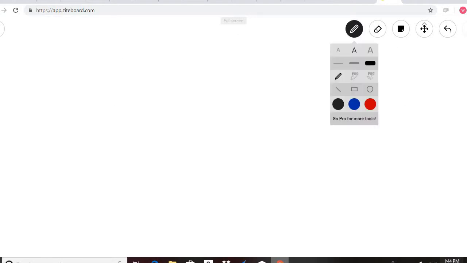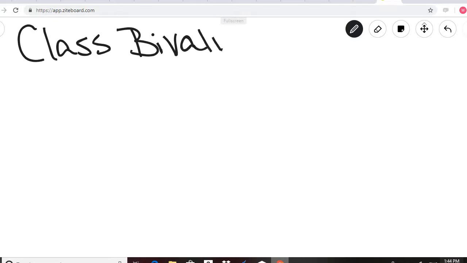The next one we'll do is class Bivalva. And just by the name, you should figure out that it's a two-piece shell with a hinge. So two-piece shell with a hinge.